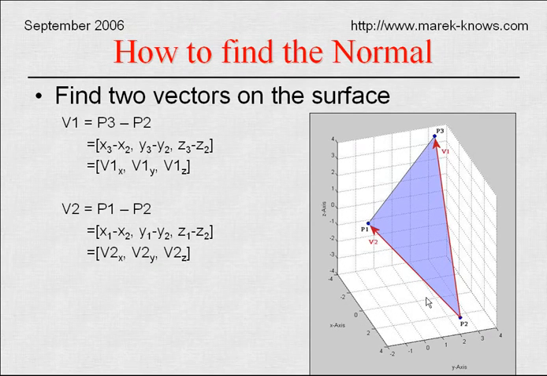And on the diagram here, you see by calculating these 2 vectors, you're actually getting the direction from p2 to p3, that gives you v1, and from p2 to p1, that gives you v2. Now it's very important the order that you do this in. Don't switch v1 and v2, or else you'll end up calculating the wrong normal.